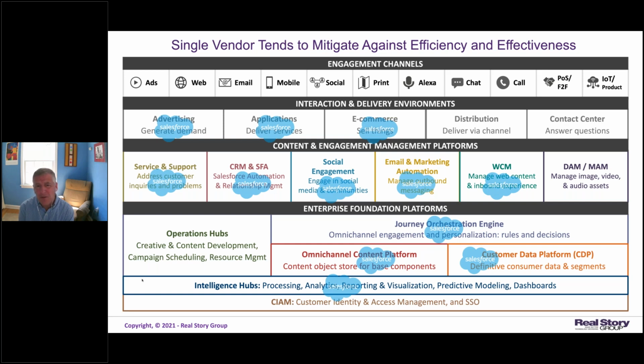But also, there's no vendor here that's going to provide you best-fit solutions across all of these. And the incumbent vendors, and not just Salesforce, but also Adobe and Acquia and others, are very, very heavily invested in their content and engagement management platforms, much less invested in enterprise foundation platforms, which they see as a threat. So the key story here is never let an incumbent vendor build your stack for you.